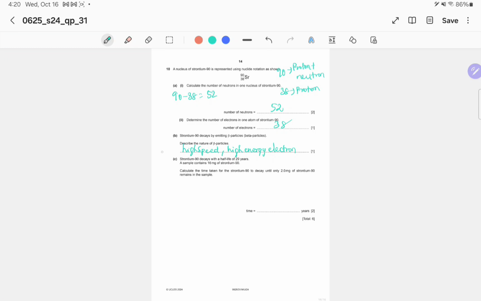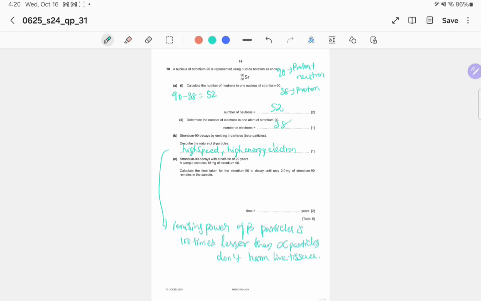One more point if you want to write here: the ionizing power of beta particles is 100 times lesser than alpha particles, so they don't harm the human tissues or live tissues. This is one other point you can write if you want to consider.